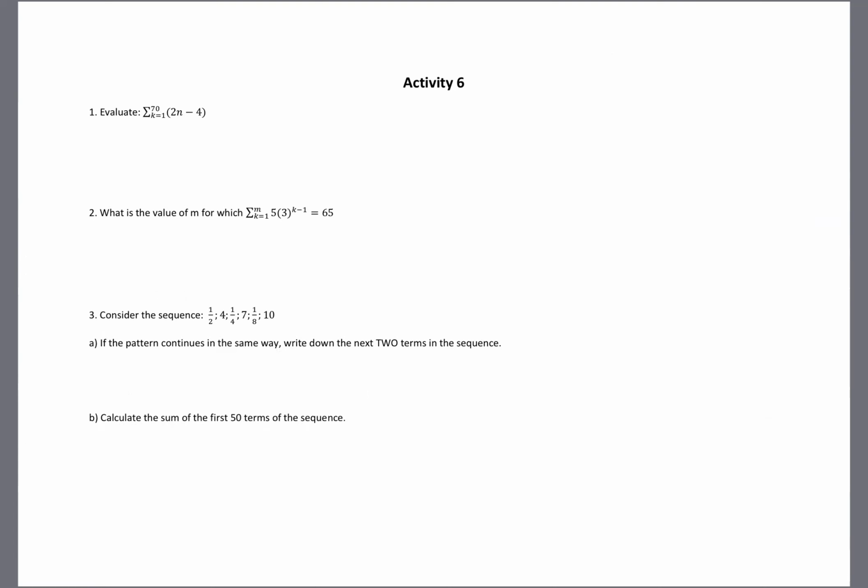What does it say? It says, what is the value of m for which the sum from k equal to 1 to m of 5 multiplied by 3 to the power of k minus 1 is equal to 65, right?